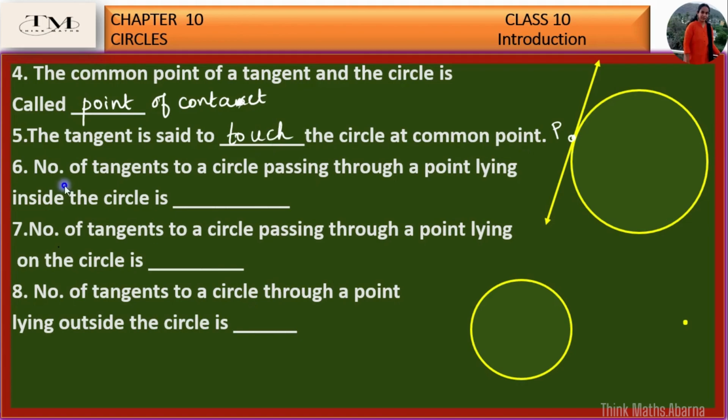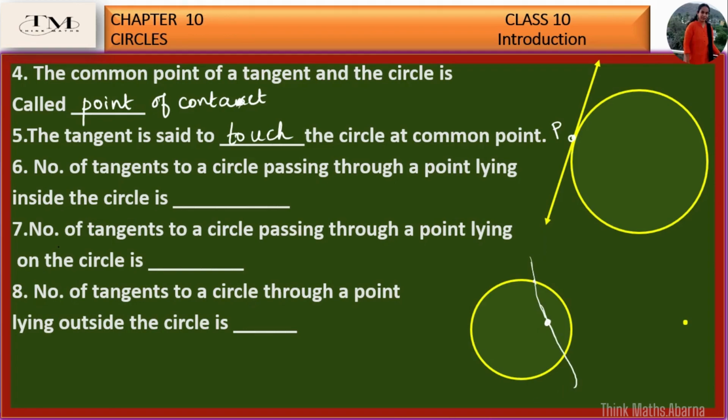Next one. Number of tangents to a circle passing through a point lying inside the circle. So how many tangents are there for a point lying inside a circle? I am going to try to draw a tangent. Is it a tangent?